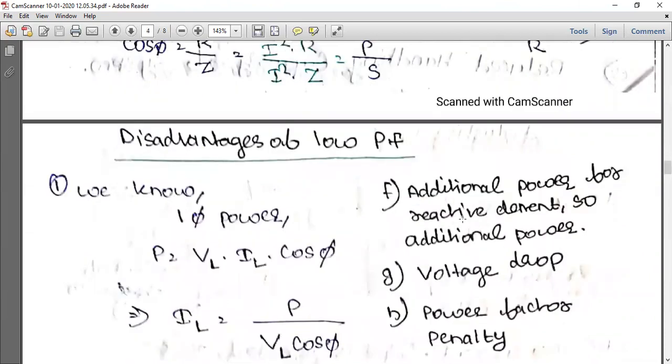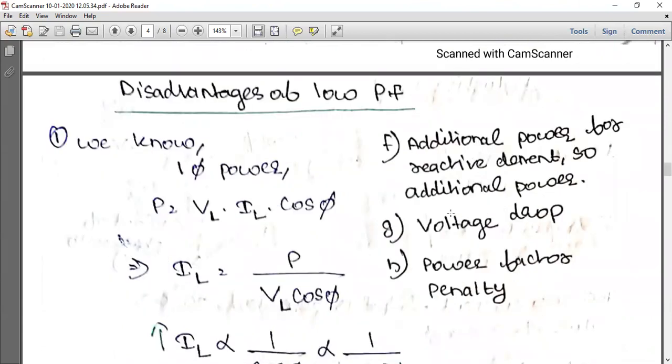Now we will come to the disadvantages of low power factor. We know that for a single phase, power is given by V into I into cos phi. That is, power is equal to VL into IL into cos phi, that is line voltage into line current into cos phi, for one phase. Those who are not familiar with this equation, I shall discuss it later.